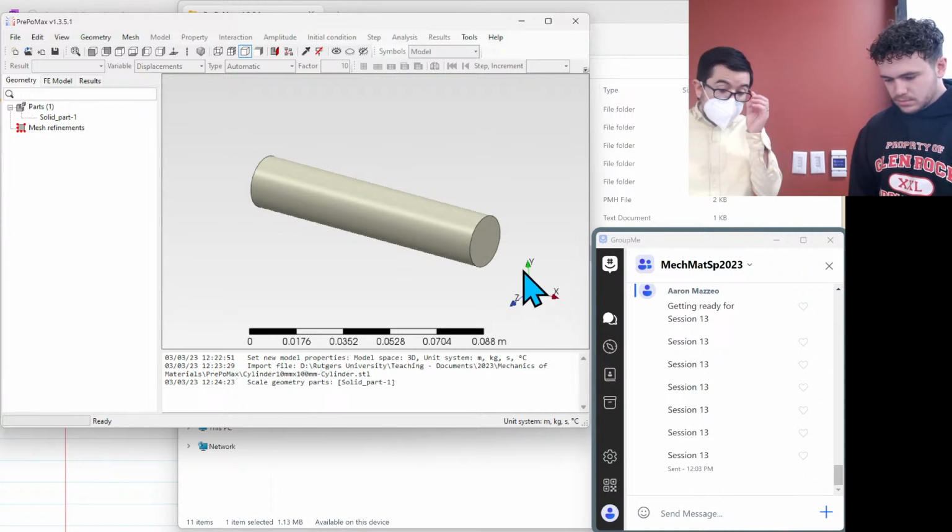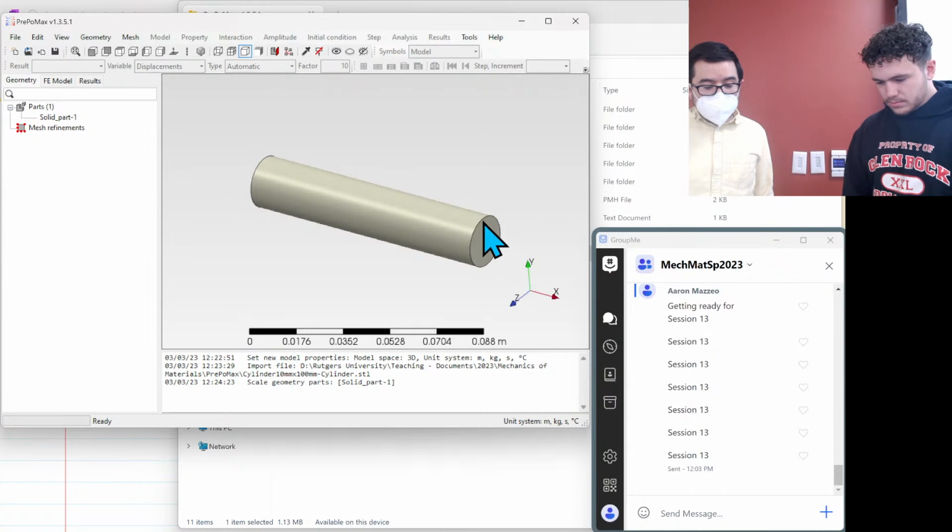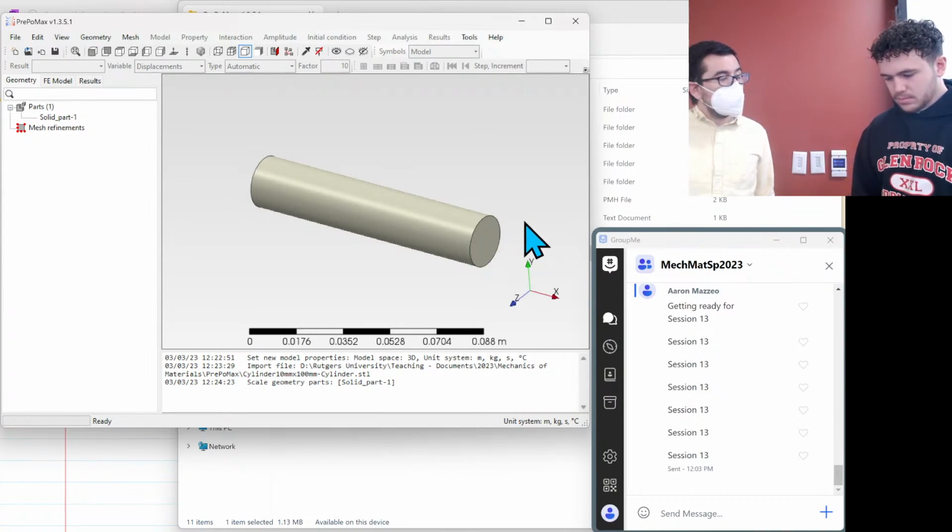One of the things that can happen as well is that we can all get a little bit twisted around when we're looking at the shear stresses and the shear strains. So we recall that they are coming off parallel to this face, right?